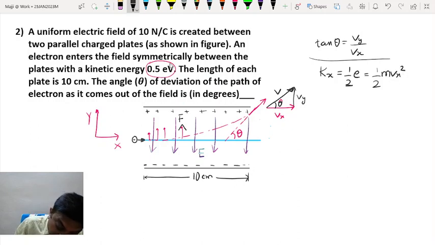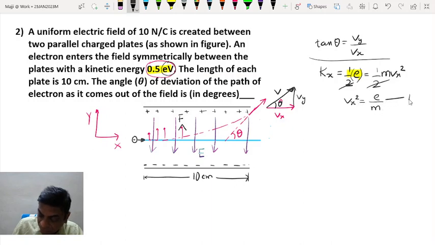When you convert electron volt into joule, you have to multiply by the electronic charge. We all know this, isn't it? Again, I will repeat. In order to convert energy from electron volt to joule, we are proceeding in SI unit, and SI unit of energy is joule. We have to multiply by the electronic charge. So e I have multiplied. So this gets cancelled. I have Vx square is equal to e by m. I'll keep this.